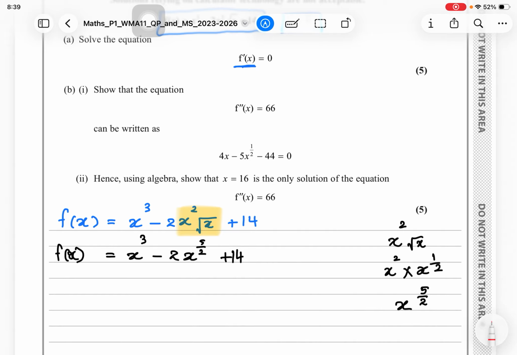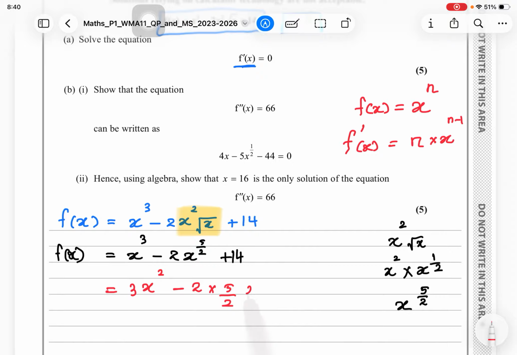We know when we differentiate, if f(x) is x to the power n, f'(x) would be n to the front, x to the power n minus 1. So in such order, take the first term, 3x squared, and this number comes as it is, and this is 5 over 2 x, and then 5 over 2 minus 1 will give you 3 over 2, x to the power 3 over 2.